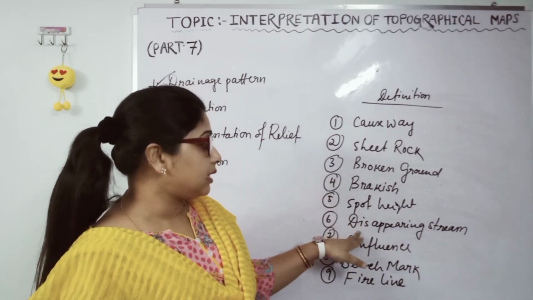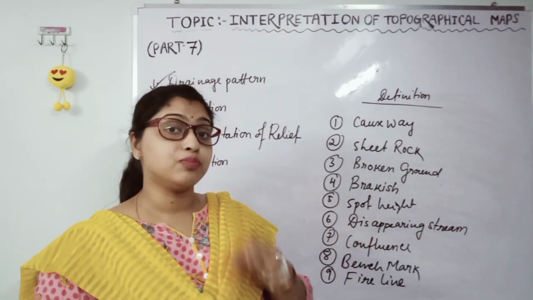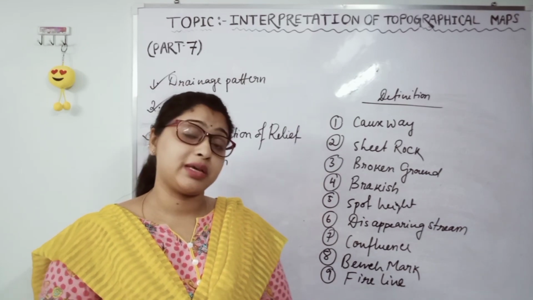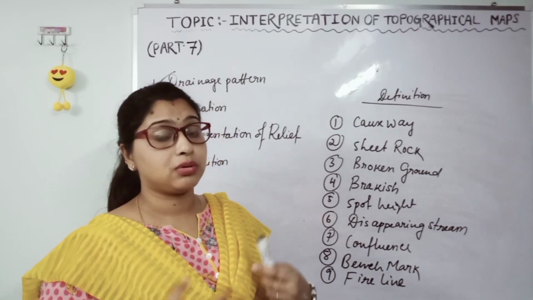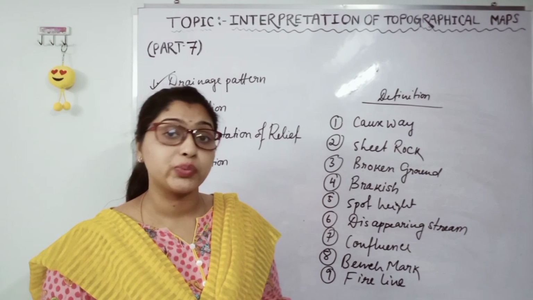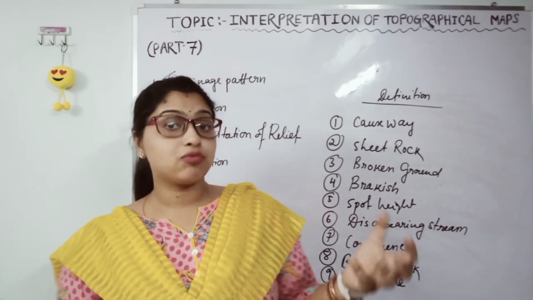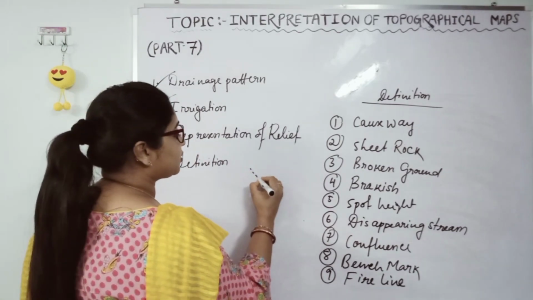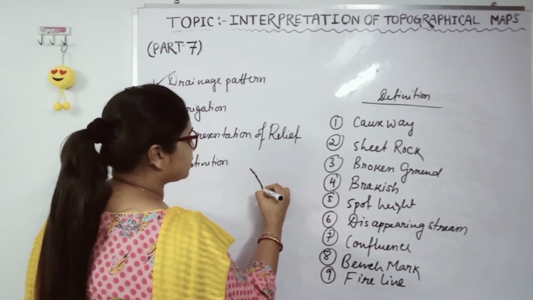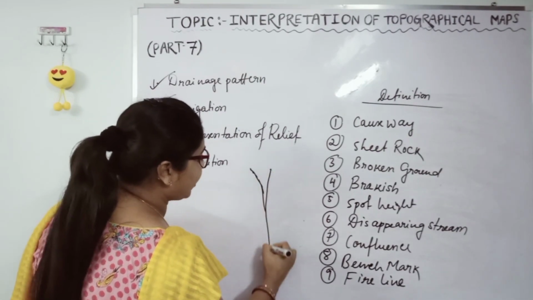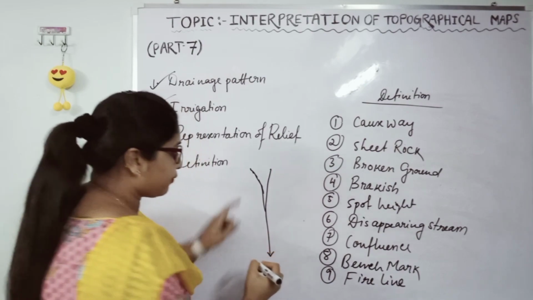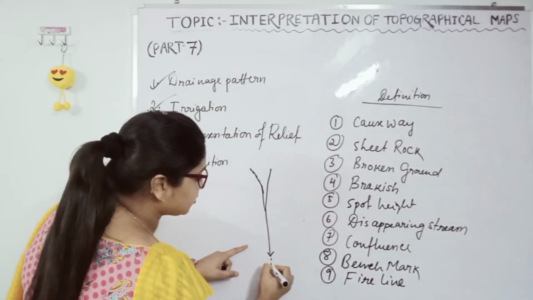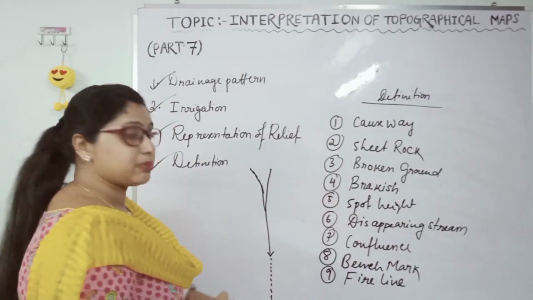Okay, and then disappearing stream, that is most important, students. Sometimes this comes in the exam, and students become confused about what a disappearing stream is. It is a kind of stream where, in your topo map, you will see a dry stream flowing, and after some time it becomes black dotted.